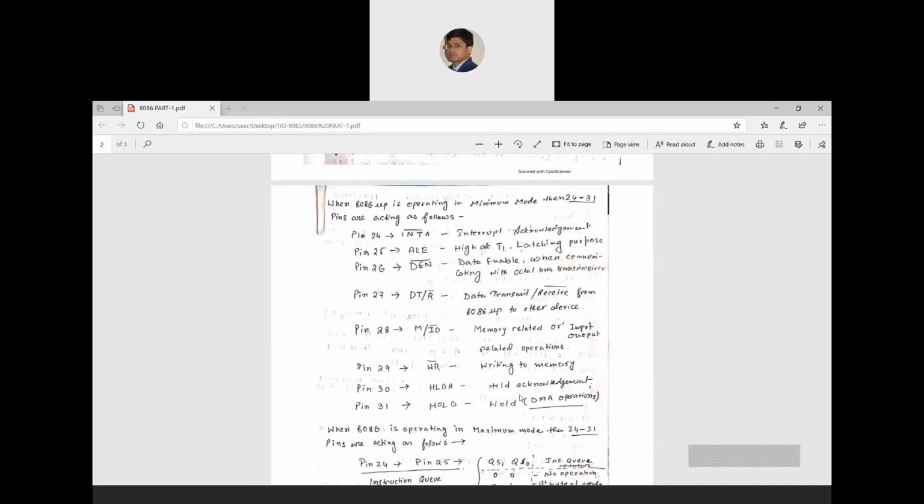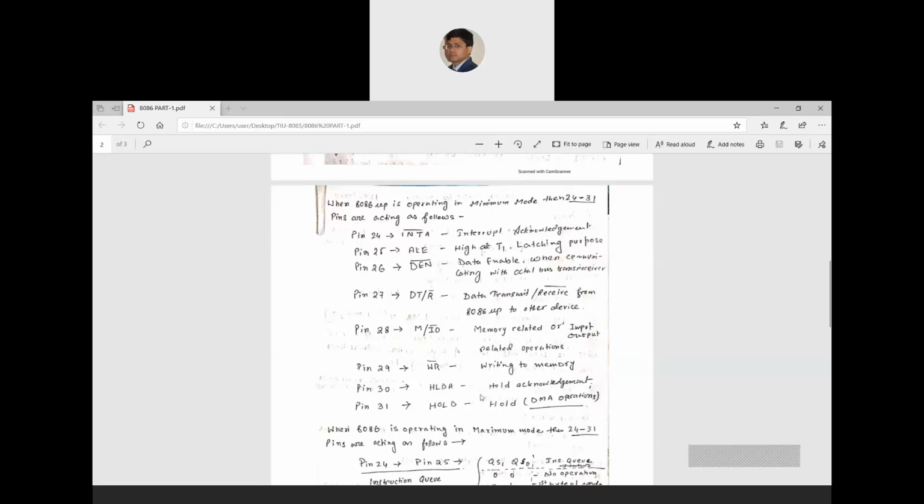The flow of data and the demultiplexing of the address and data bus are also decided through the 8086. All these basic operations are controlled by the 8086, and this comes in the category of minimum mode operation. Okay, now move to the next one.